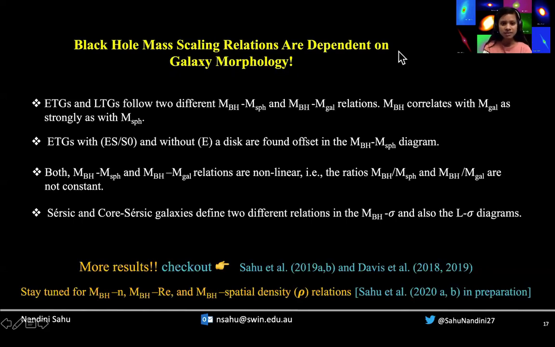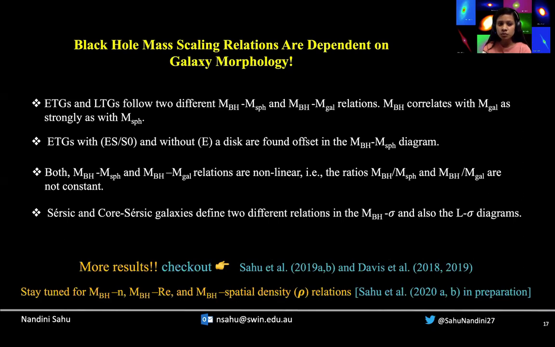With these black hole mass scaling relations, which turn out to be dependent on galaxy morphology, we can now get better estimates of black hole masses at the center of other galaxies. We can calculate morphology-aware virial f factors, and we can improve the black hole mass function, which can further be used to improve the predictions for the detections of long-wavelength gravitational waves by LISA.